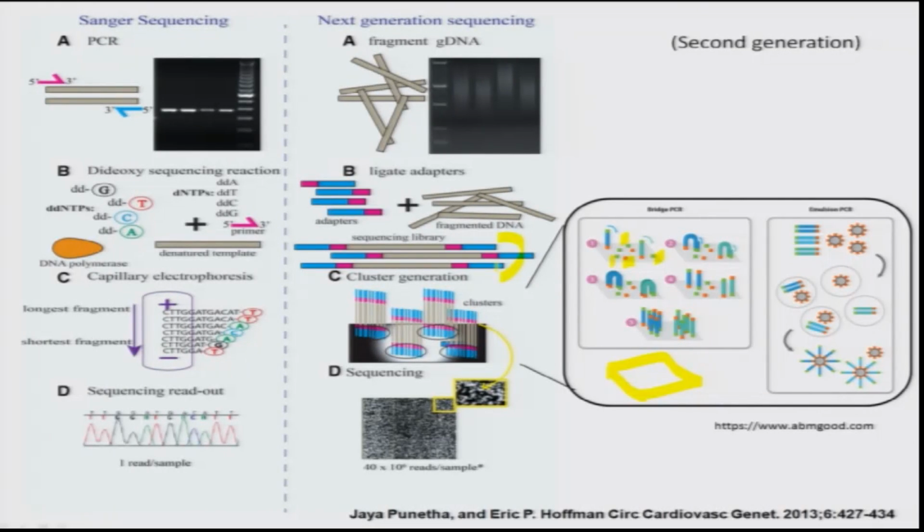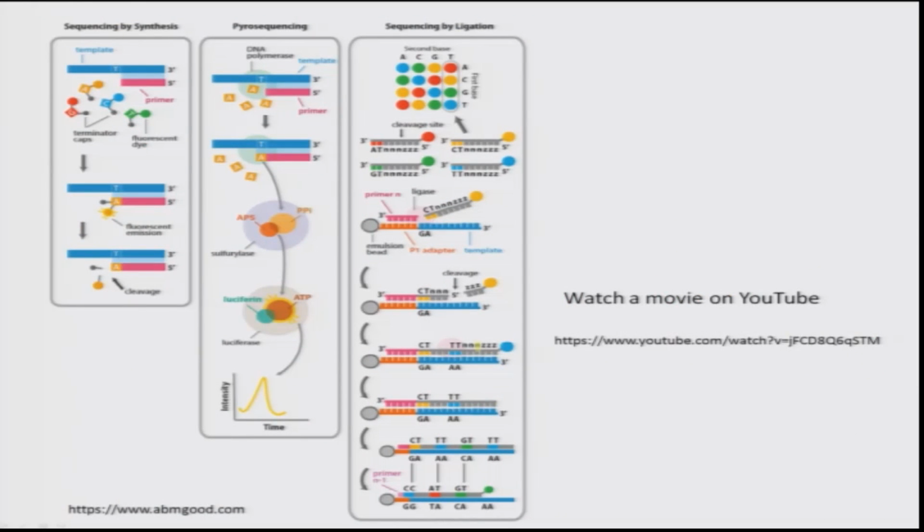When you send the fragments having the adapters into the fluidic devices, they will anneal to these sequences because of hydrogen bonding, and then people add, for example, all the 4 bases and DNA polymerase, and it will extend and make copies of it, and you are able to create clusters like that, which I will explain in a movie that I am going to show next.